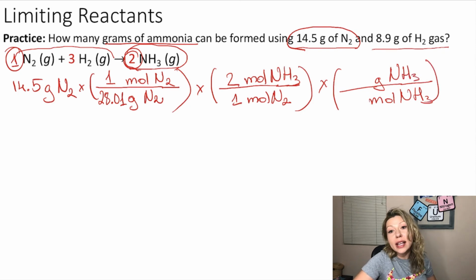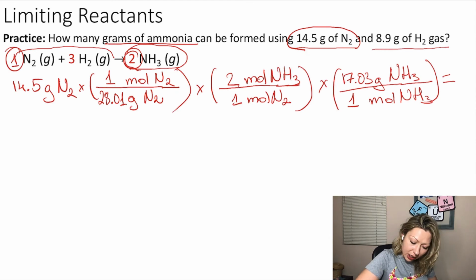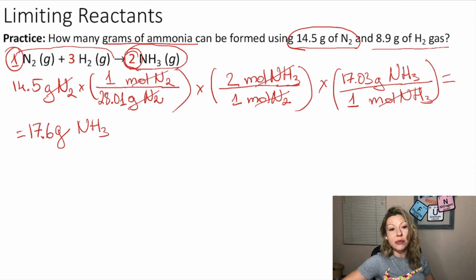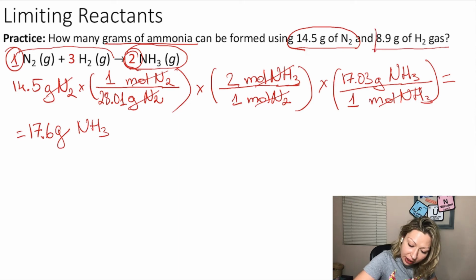And if you calculate the molar mass, you are going to get that 1 mole of ammonia weighs 17.03 grams. Now, if you do the calculation, let's check the units. Grams of N2 cancel out, moles of N2 cancel out, moles of NH3 cancel out. So I'm going to get grams of ammonia at the end, and it is 17.6 grams.